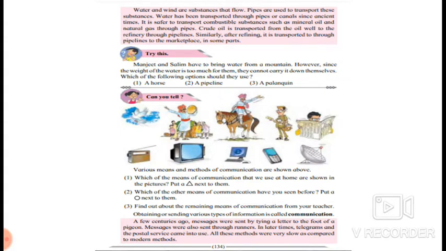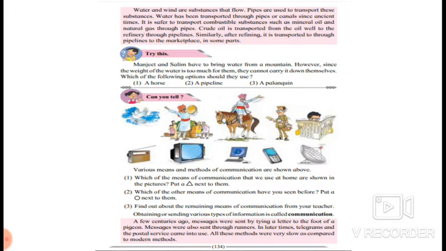Page 134. Water and wind are substances that flow. Pipes are used to transport these substances. Water has been transported through pipes or canals since ancient times.